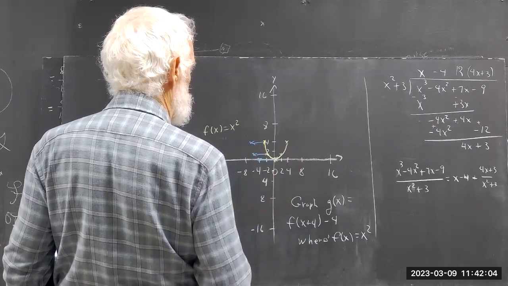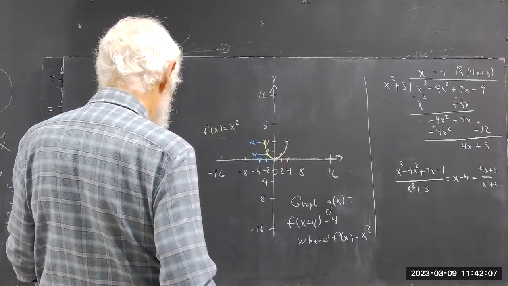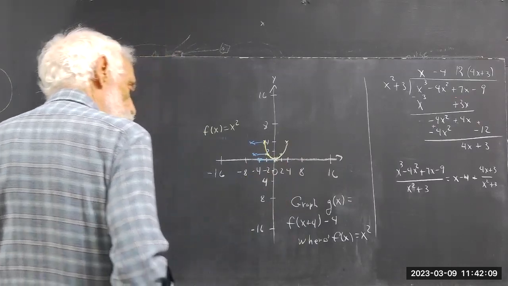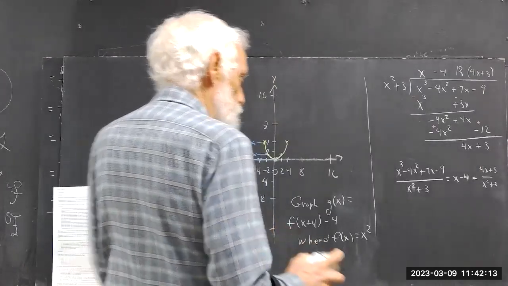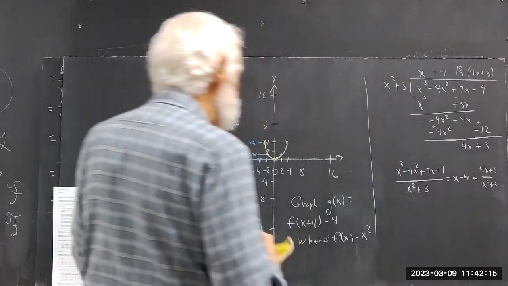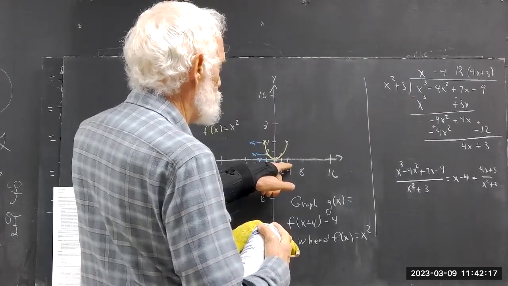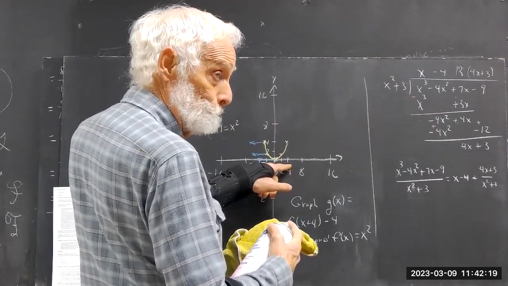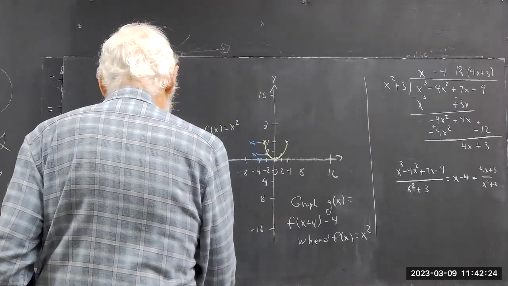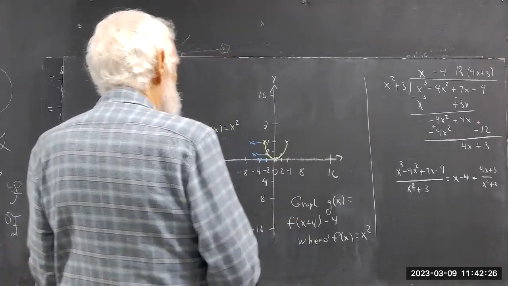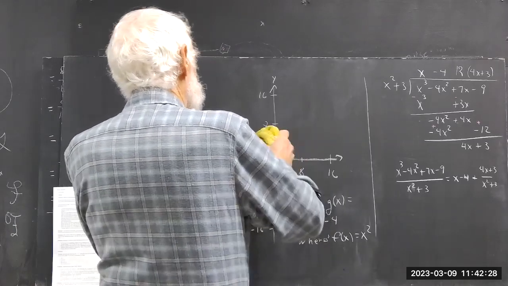Oh, I went and screwed up this graph from the very start. I'm going to fix that. I treated this as if it was 1 and this as if it was 2, right? That's not good. So I made a mistake.